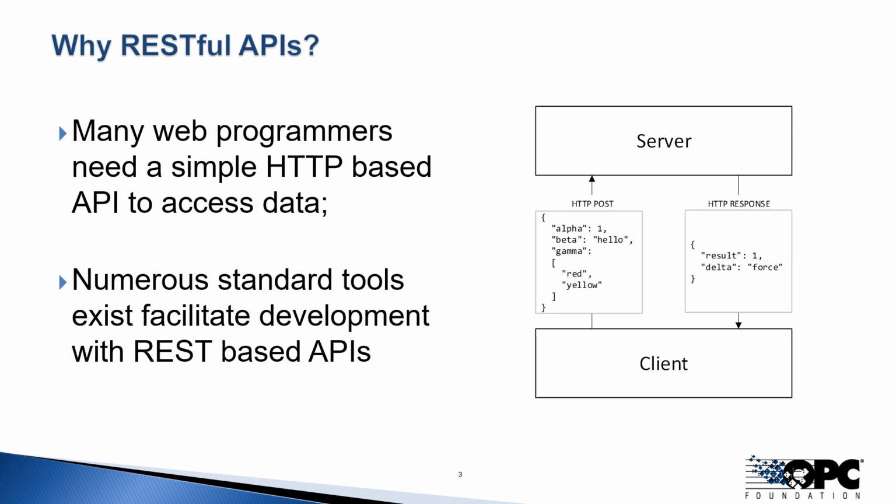And when we tell them that, well, yes, you need to create a TCP socket, you need to use our binary protocol, that can create learning curves that make it more of a challenge to take advantage of OPC UA, especially in a cloud environment.